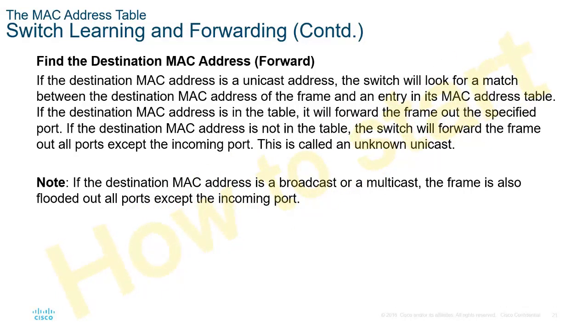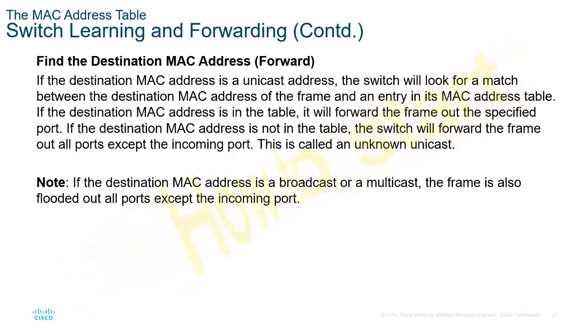Finding the destination MAC address is going to be forwarding. If the destination MAC address is a unicast address, the switch will look for a match between the destination MAC address and its entry table. If it doesn't have it, it will treat it like a broadcast and send it to everyone, asking who is this device. This is called an unknown unicast frame.